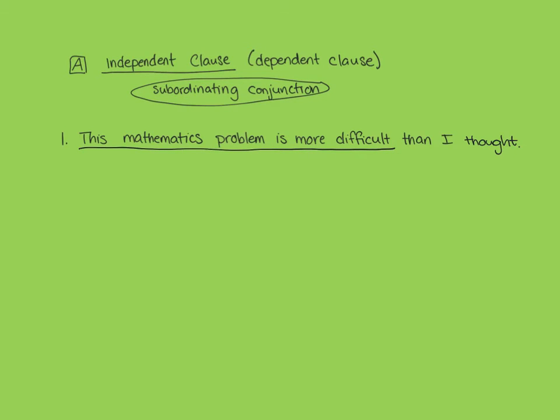Then I thought is a dependent clause, okay? Because I thought could be a sentence on its own, but then I thought cannot. And then is our subordinating conjunction. So you'll notice that the word that we've circled is basically what stops it from being able to be independent, okay? And it will always be within the dependent clause.